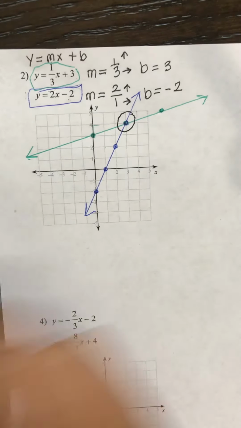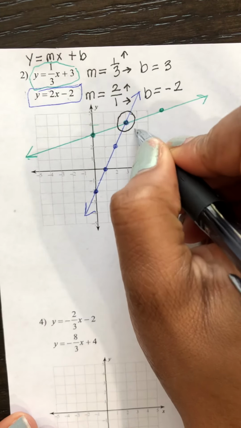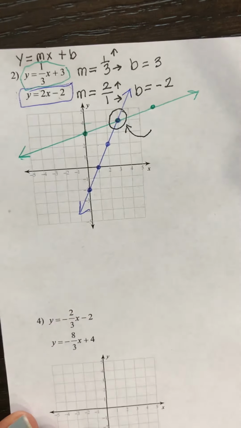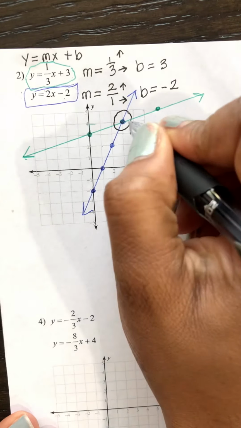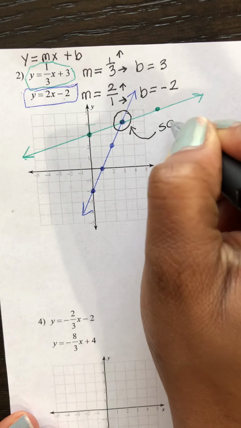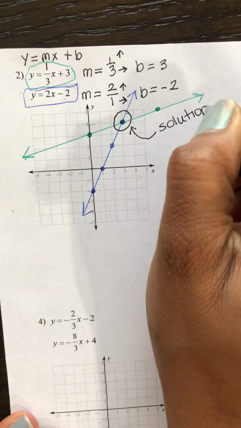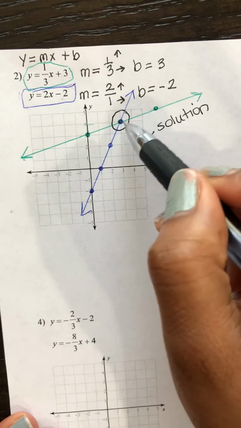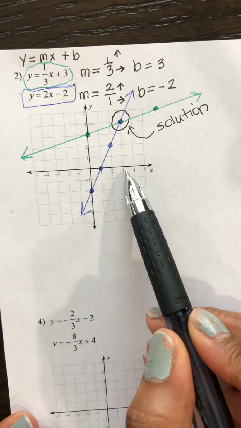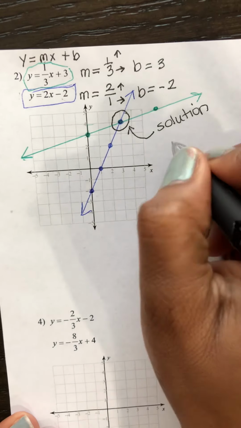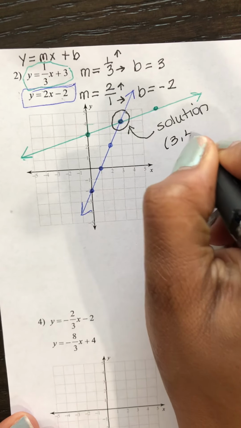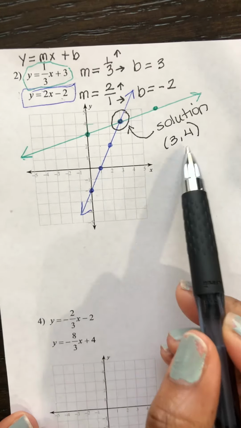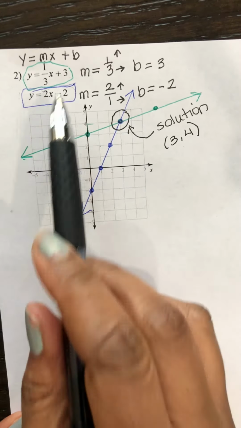Okay, they will intersect right at this point, which means that the coordinates for that point are going to be our solution. Okay, so we just need to find the coordinates like we would any other point. So the coordinates for this point would be 3, 4, which means our solution to this system of equations is 3, 4.